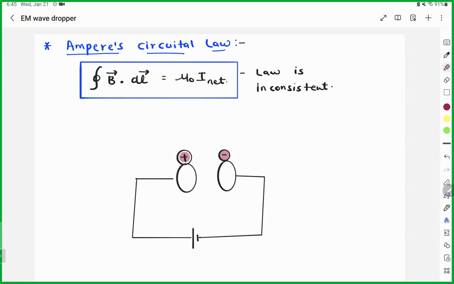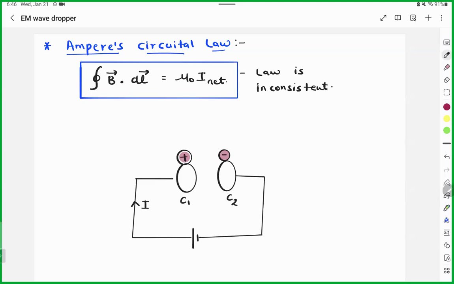So, for example, you have these two plate capacitors. This is, let's take C1 and this is C2. Whenever you are considering this wire, then definitely you will have current in this case.